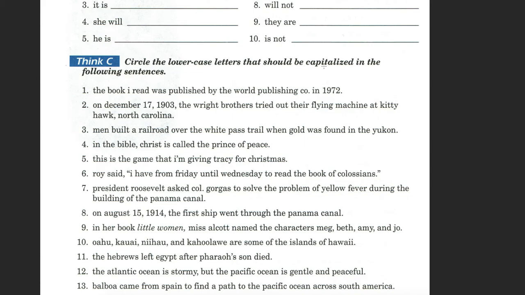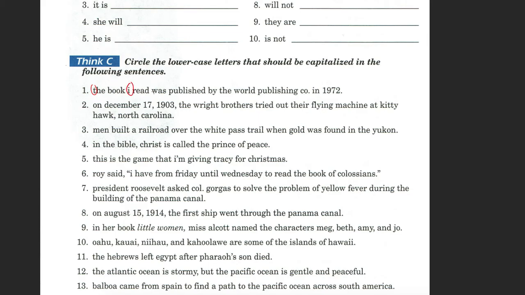Circle the lowercase letters that should be capitalized in the following sentences. All right, number 1: the book I read was published by World Publishing Company in 1972. So, all right. First letter of the sentence, of course, needs to be capitalized. So we would circle T, and the I is always capitalized, right?